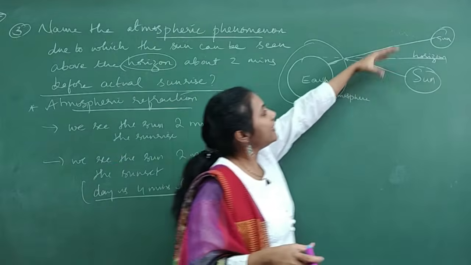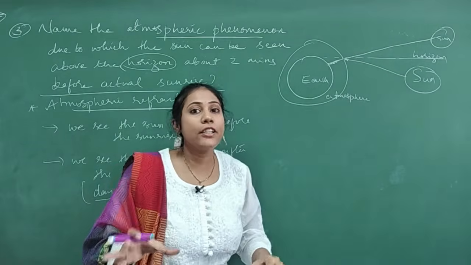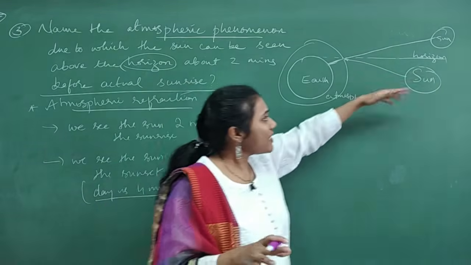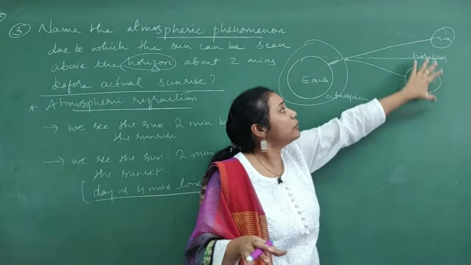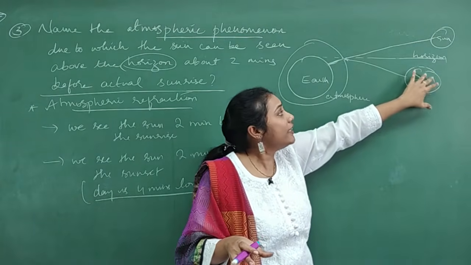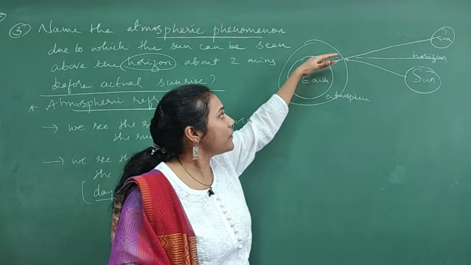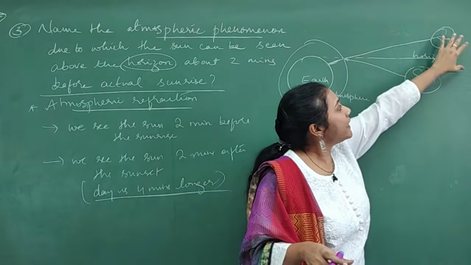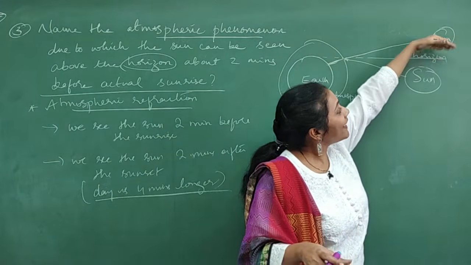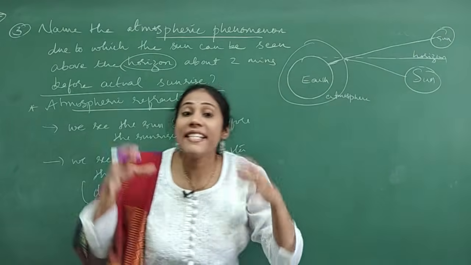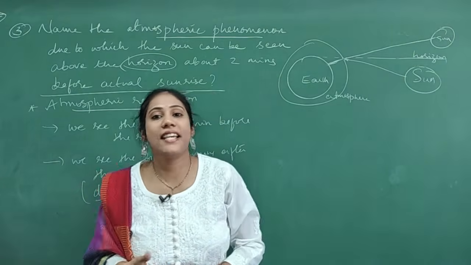Similarly, during sunset also, the sun would have gone down below the horizon, but because of this atmospheric refraction, for about 2 minutes you would see the sun above the horizon, so you can see the sun even after the sunset.